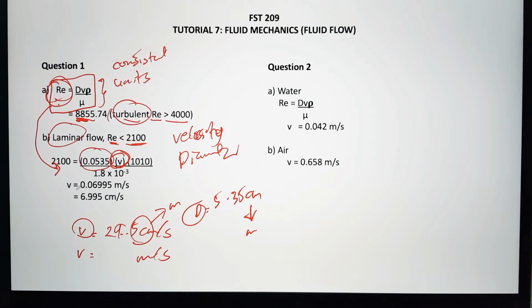In order for you to convert from turbulent flow to laminar flow, you need to slow down the flow, whereby after you have calculated the value for V, it has reduced to 0.06995 meter per second, or when you convert to centimeter, it is only 6.995 centimeter per second, which is greatly reduced compared to the initial velocity, which is 29.5 centimeter per second. Okay, so this solves the first question.